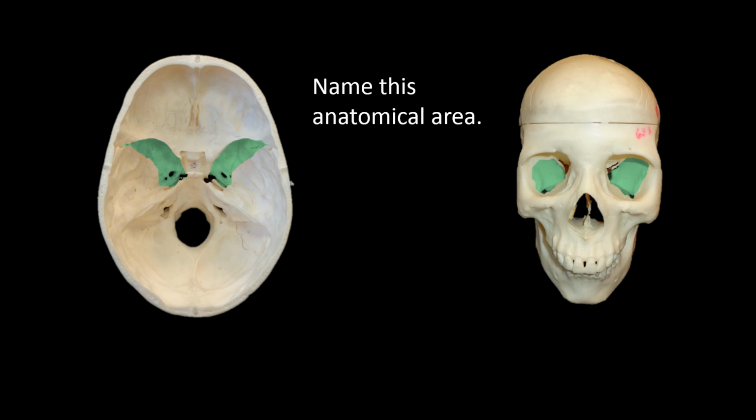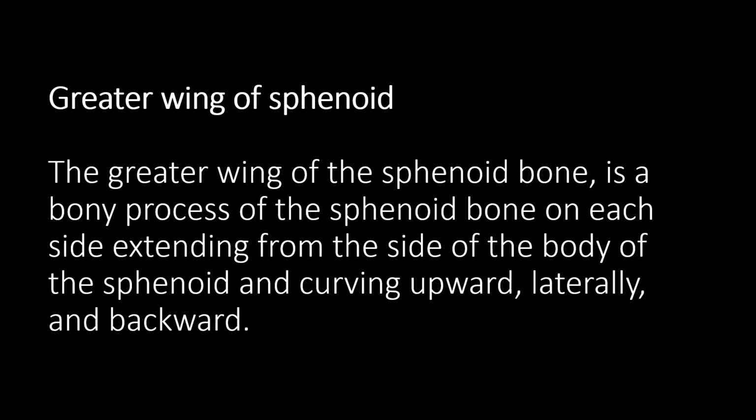Name this anatomical area. Greater wing of sphenoid. The greater wing of the sphenoid bone is a bony process of the sphenoid bone on each side, extending from the side of the body of the sphenoid and curving upward, laterally, and backward.